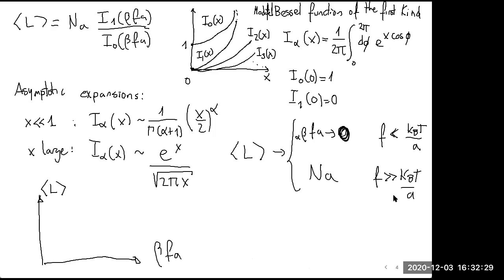The dependency of L with f will be expected something like this. Okay, this will saturate. So it will saturate to a value which is Na. So it starts from 0 for f equal 0, and then it will saturate to Na.